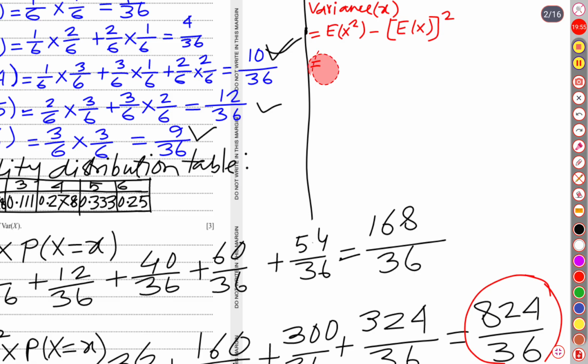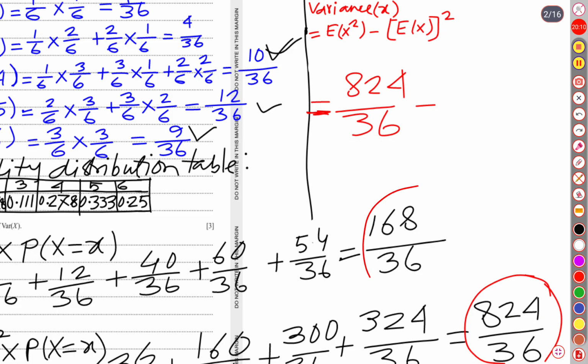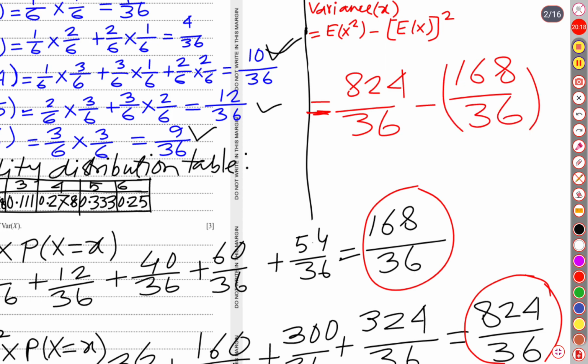So variance is equal to 824 over 36 minus our mean value, 168 over 36, then whole squared. Now let us calculate.